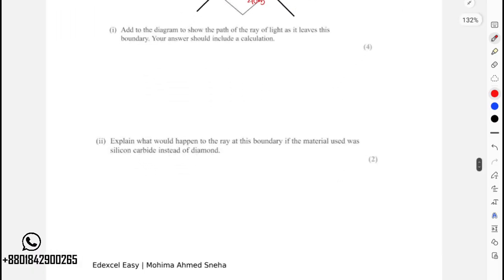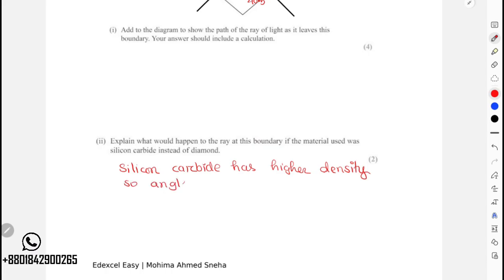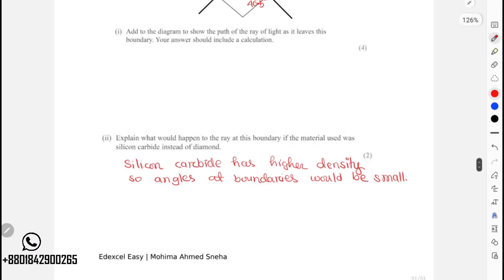So we can write: silicon carbide has higher density, so angles at boundary would be smaller. Okay, this is your answer.